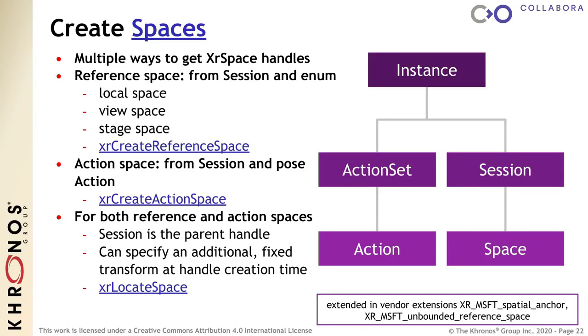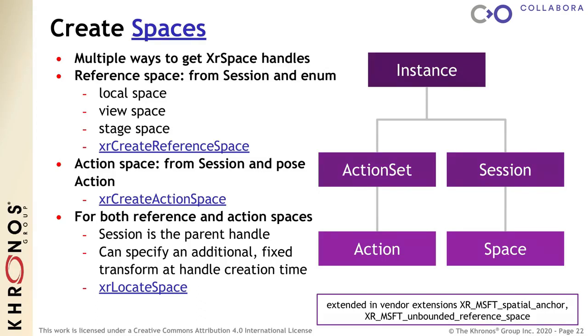Stage space can be considered a bounded standing area play environment. Local space is seated, and view space is essentially head space if you need to place something that's headlocked. To get an XR space from these enums, you use XR create reference space.